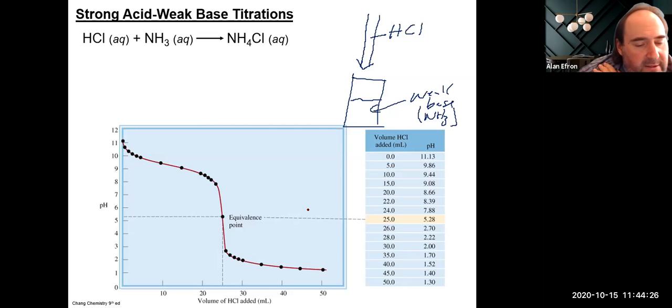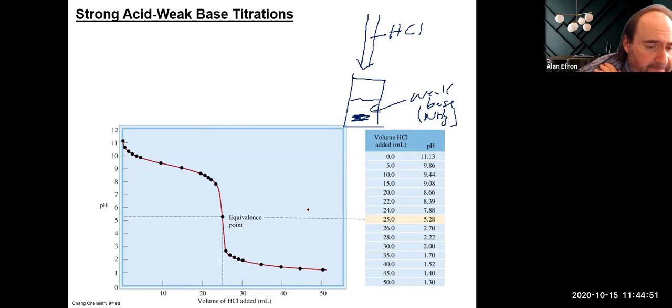That is why when we look at this titration curve, it looks backwards, if you will. We are starting up high in pH, and that's because we are starting with a base in the beaker, and we are adding acid, which means we expect the pH to start to drop. Still sort of that S shape, but it starts higher, kind of a backwards S, if you will.